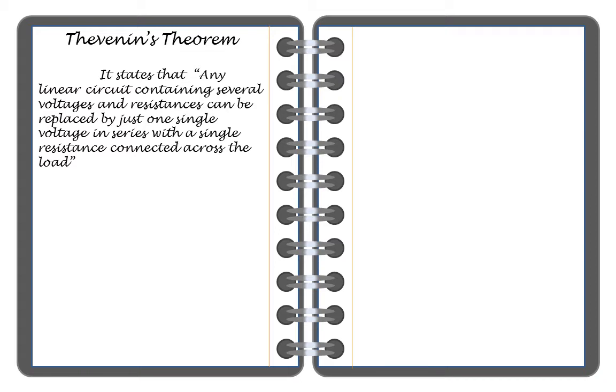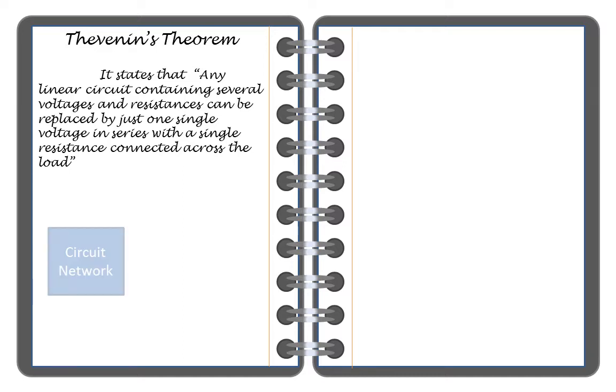It states that any linear circuit containing several voltages and resistances can be replaced by just one single voltage in series with a single resistance connected across the load.